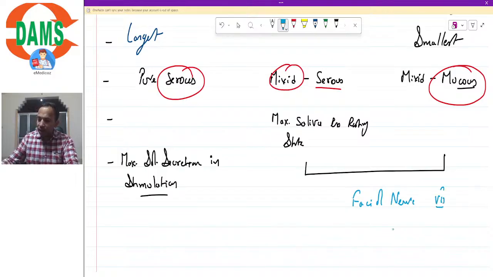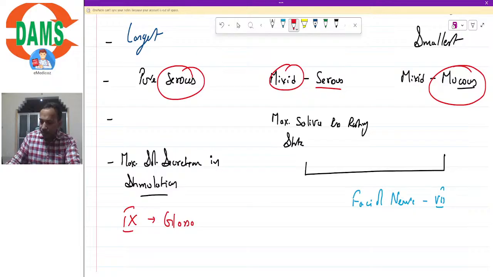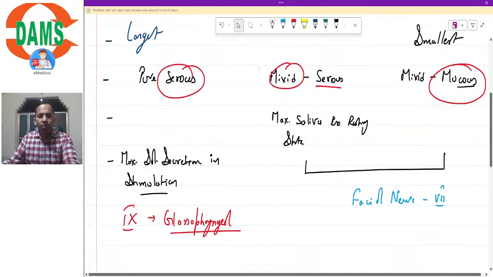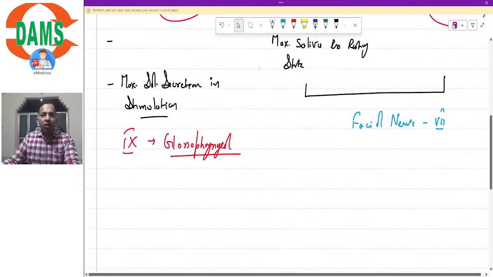And for the parotid gland, it is from the 9th cranial nerve, which is glossopharyngeal. So these are the parasympathetic supplies of the parotid and the submandibular and sublingual glands.